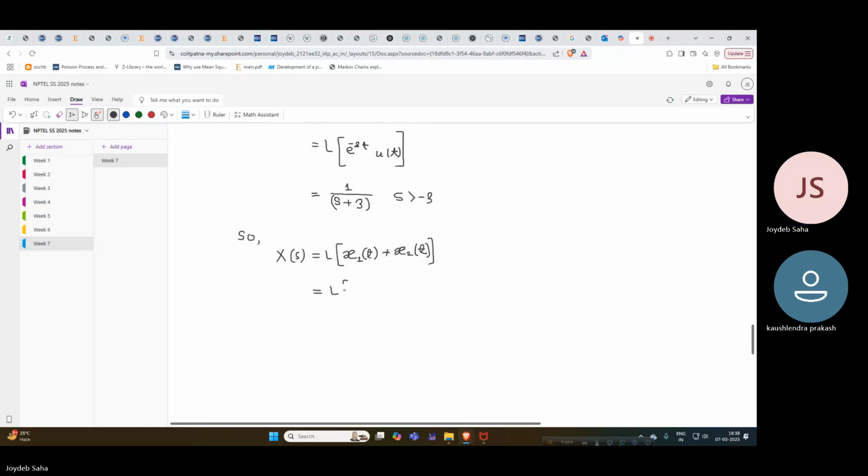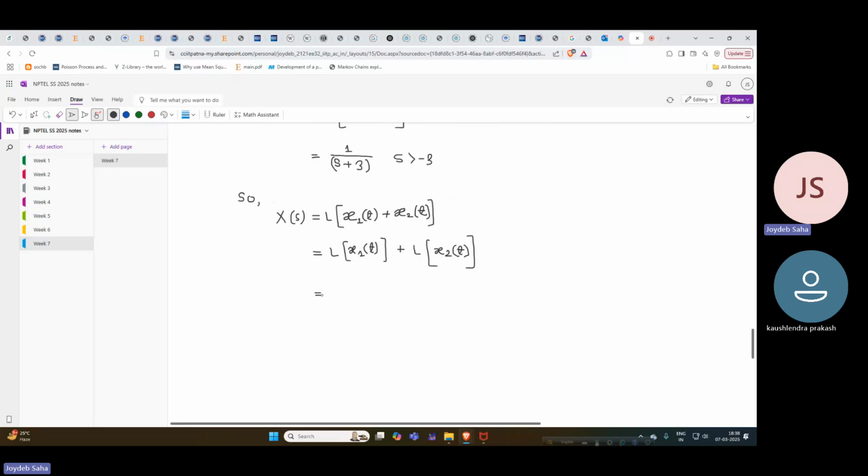Laplace transform of x1(t) plus Laplace transform of x2(t) is equal to X1(s) plus X2(s).